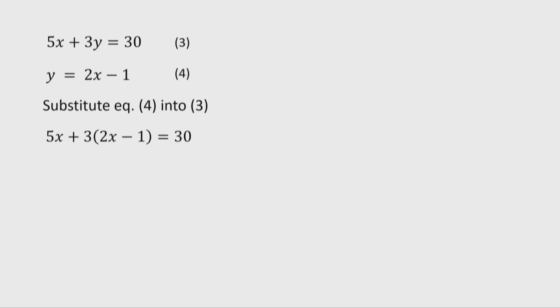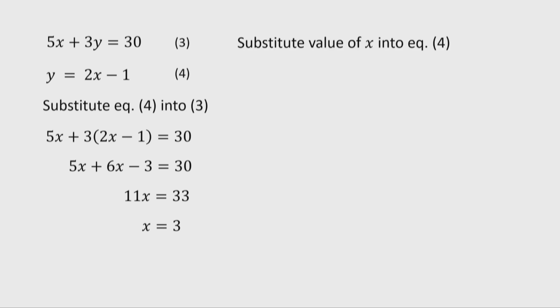Expanding the brackets will give me 5x plus 6x minus 3 equal to 30. Simplifying, I get 11x equal to 33 and x equal to 33 over 11, which is 3. Once I get the value of x, now I need to find the value of y. So I substitute the value of x into equation 4. y equal to 2 times 3 minus 1, that is 6 minus 1, which is 5.